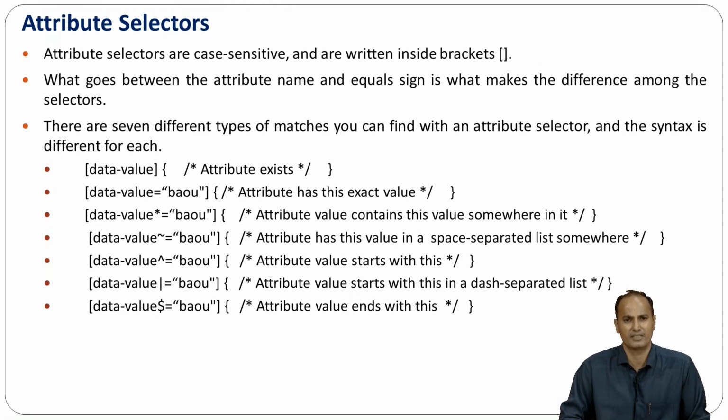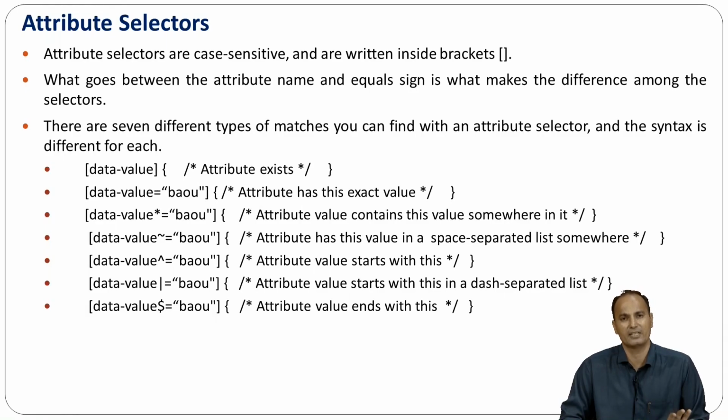Now, in the brackets, we have to provide a data value. If you simply provide an attribute name, it indicates the attribute exists, and if you provide equal to and then a value, then it must match the specified value. If you provide the attribute along with star equal to and then the value, it indicates the attribute value contains this value somewhere in it.